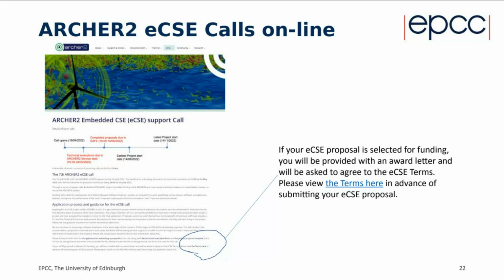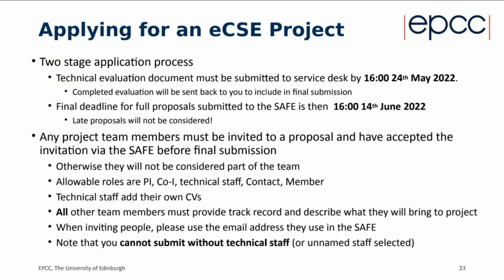Other than that, it's fairly straightforward. So the application is a 2-stage application process. So the first stage is the technical evaluation stage, where you should download the template, fill that in, and provide it to us by the first deadline, in this case the 24th of May.